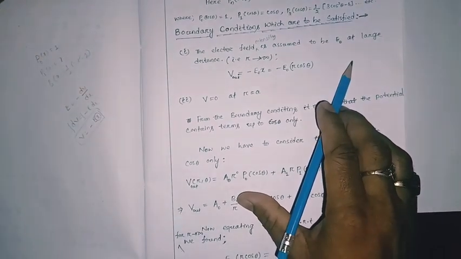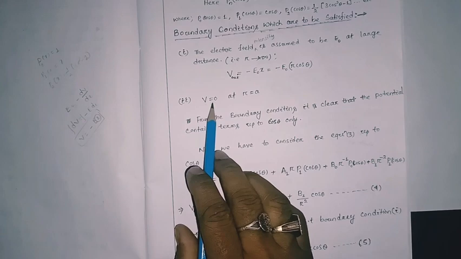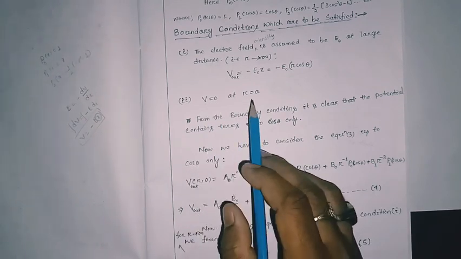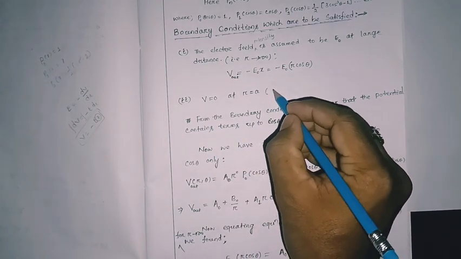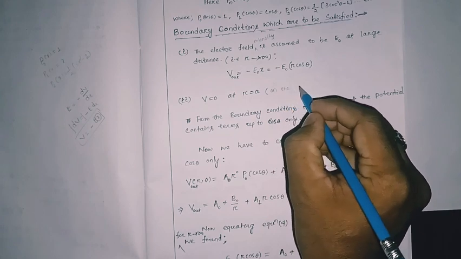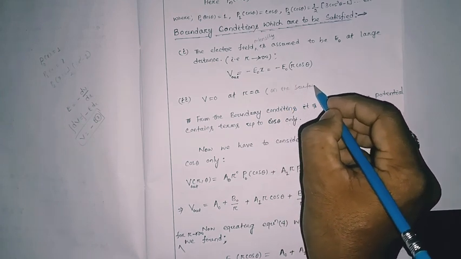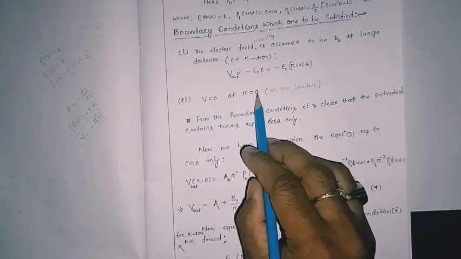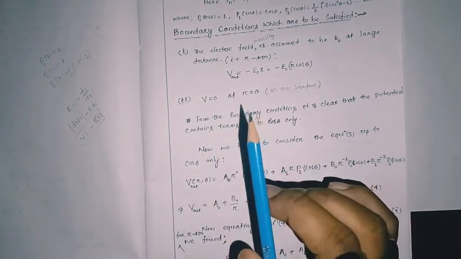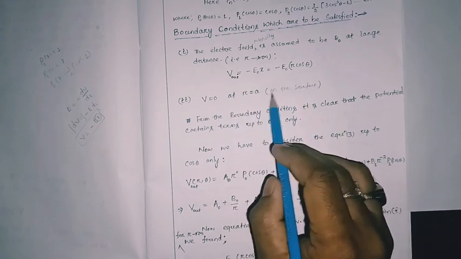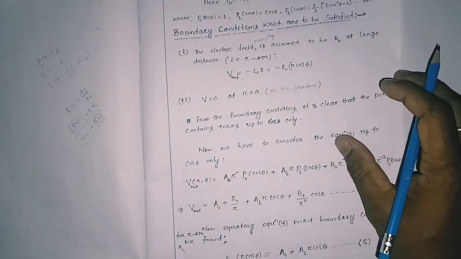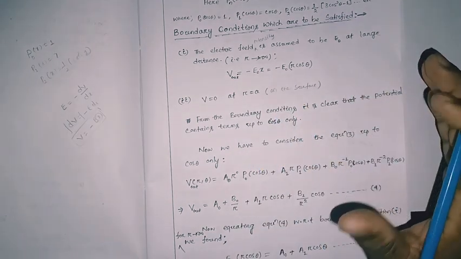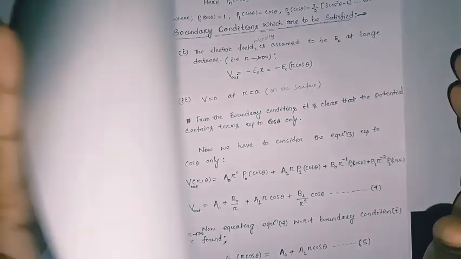The second boundary condition is V will be equal to 0 at r equal to a. That means on the surface, potential is 0 at r equal to a. And here you have to remark one thing, that the surface is also a point just outside the sphere.